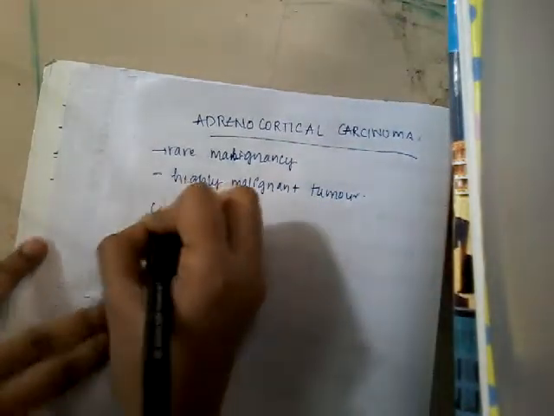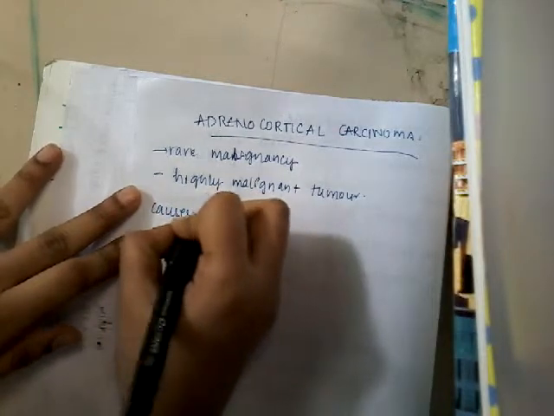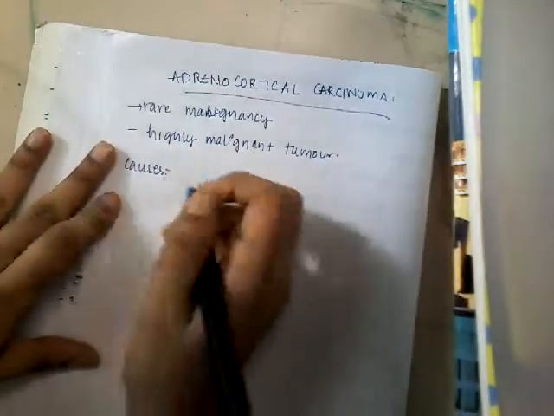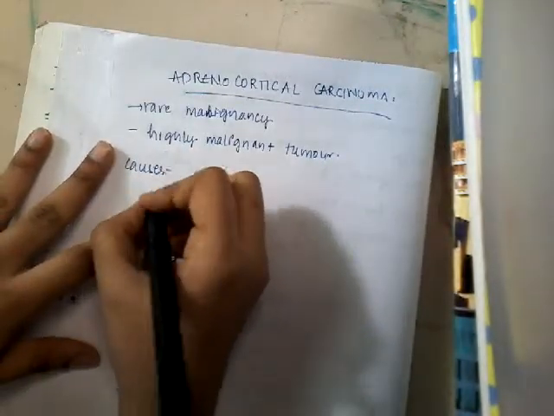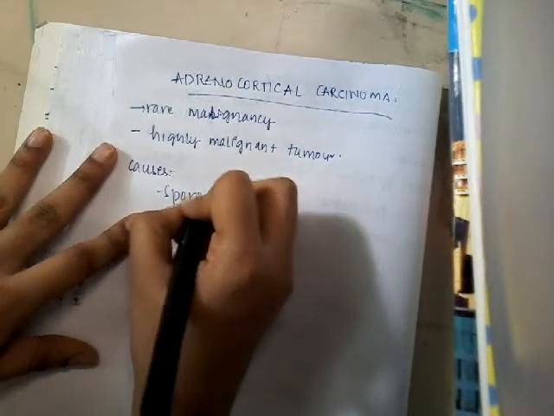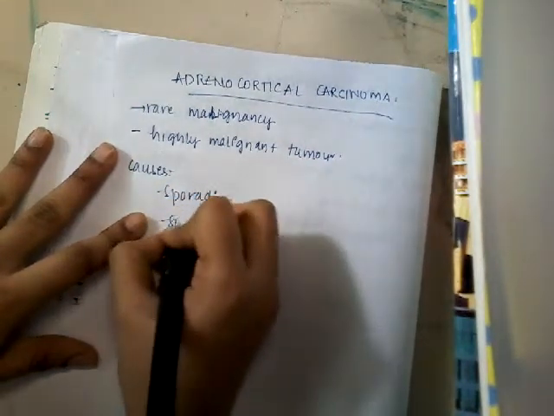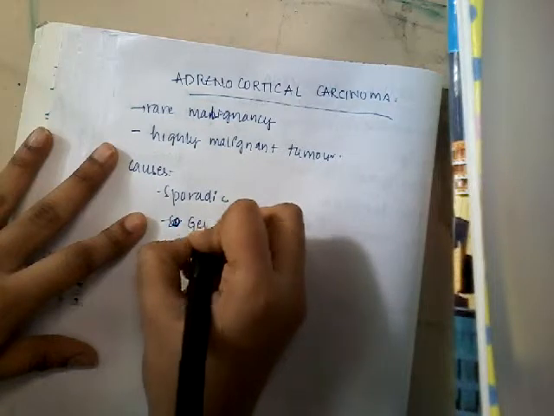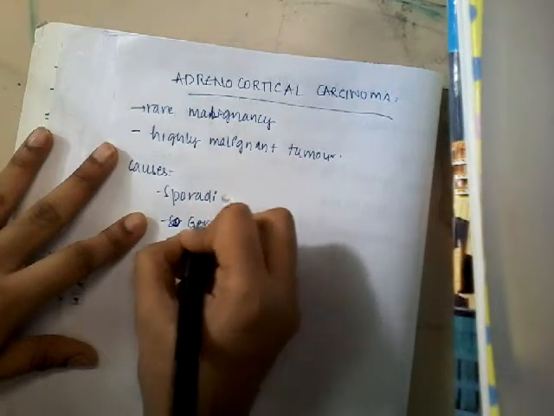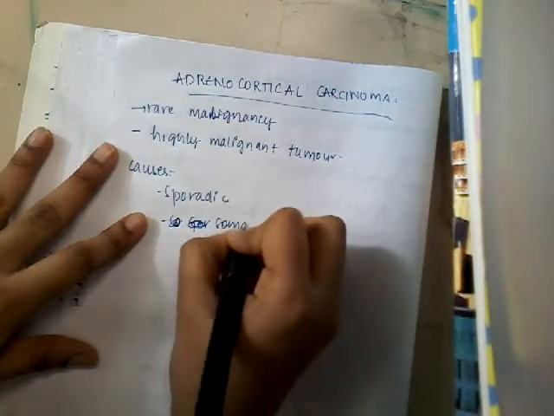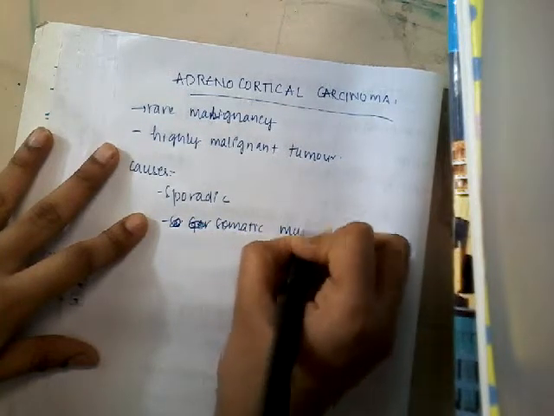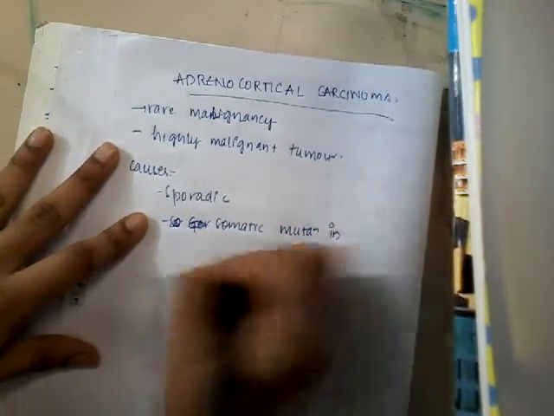So let us see the causes. Most cases can be sporadic, and also there can be germline causes. First, there can be somatic mutation in a tumor suppressor gene.